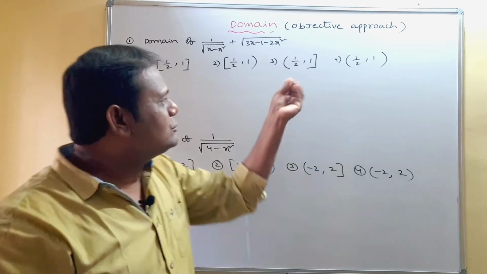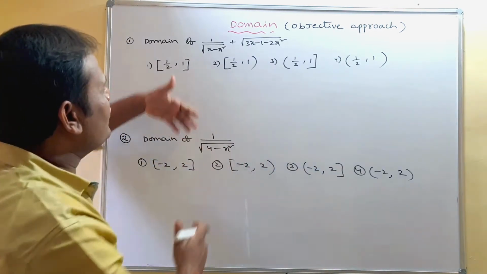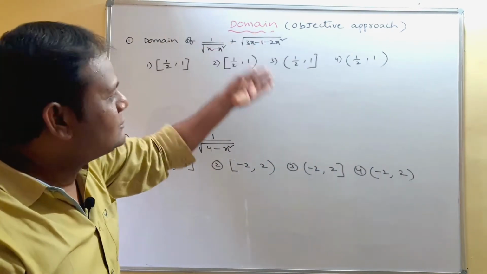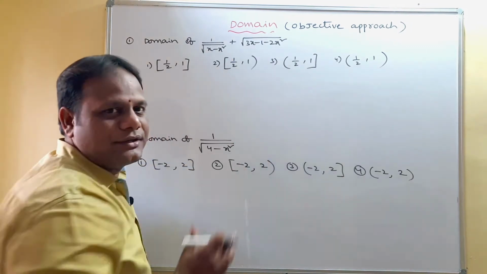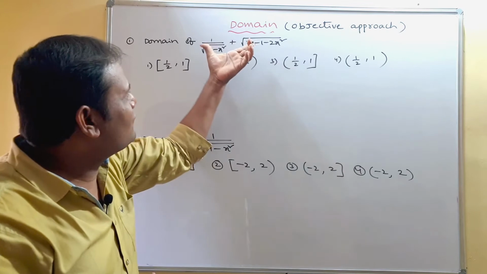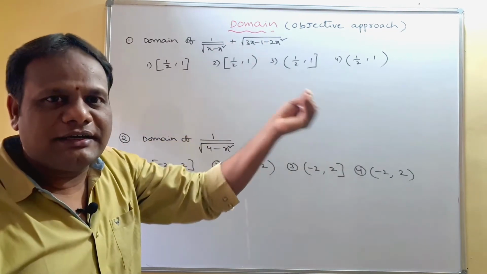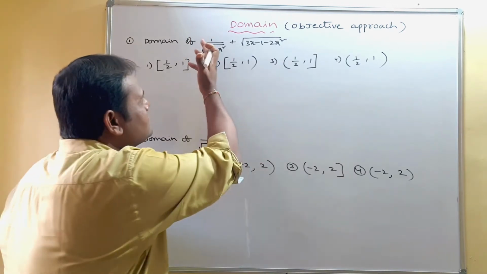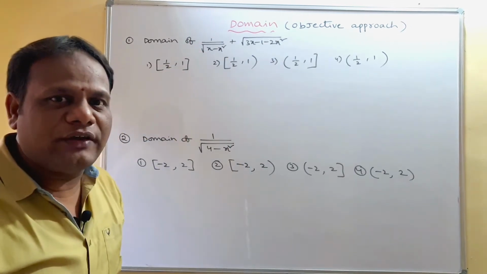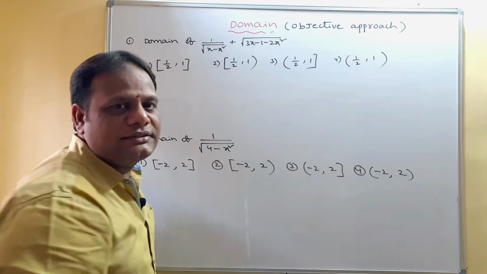So just go for verification. From which option the value satisfying this, that will be the correct answer. Why? Because domain means the set of values of x where this function is defined.